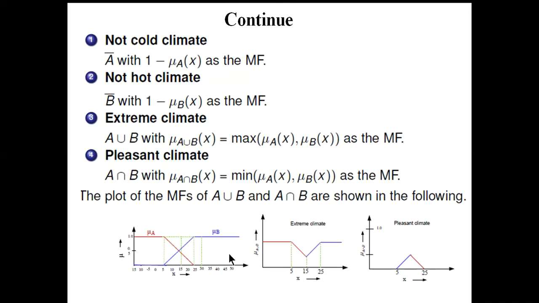If we take the intersection between mu A and mu B, you will observe the minimum value, this area. So we get this kind of membership function that denotes the pleasant climate, from 5 to 25. Fine, so this is a real life example that illustrates the defined membership operations.